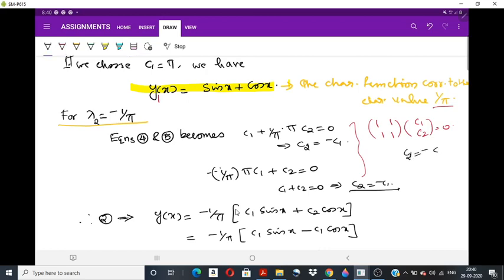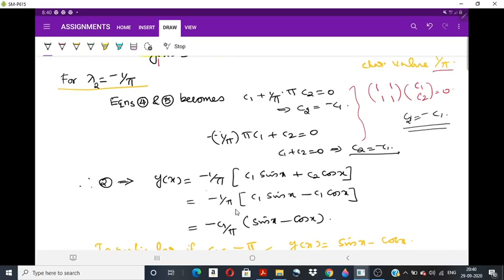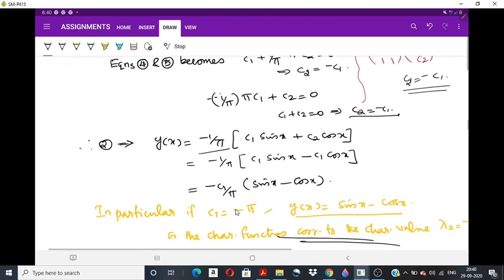C2 is equal to minus C1. So instead of C2 we can write minus C1 in the solution. So the solution becomes y of x equal to lambda, which is minus 1 by pi here, into C1 sin x plus C2 cos x, and C2 is minus C1. So in general we will get y2 of x as sin x minus cos x.